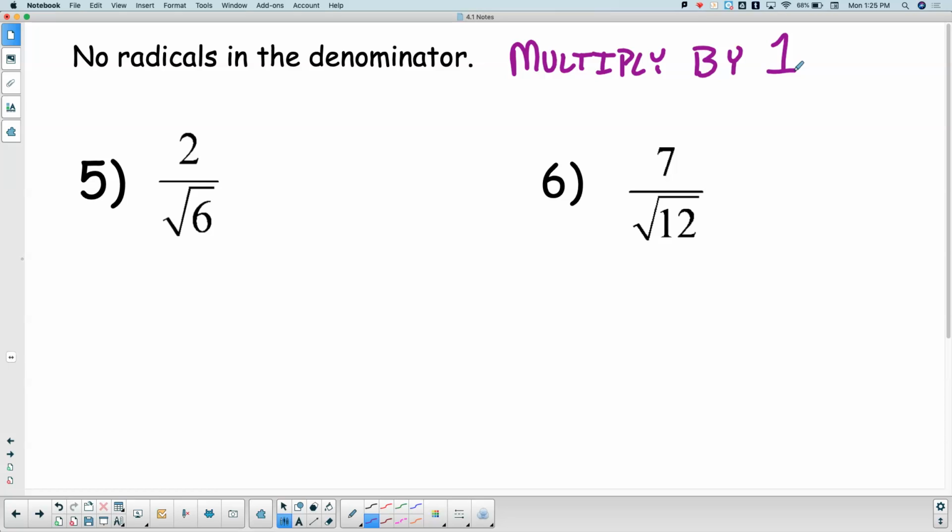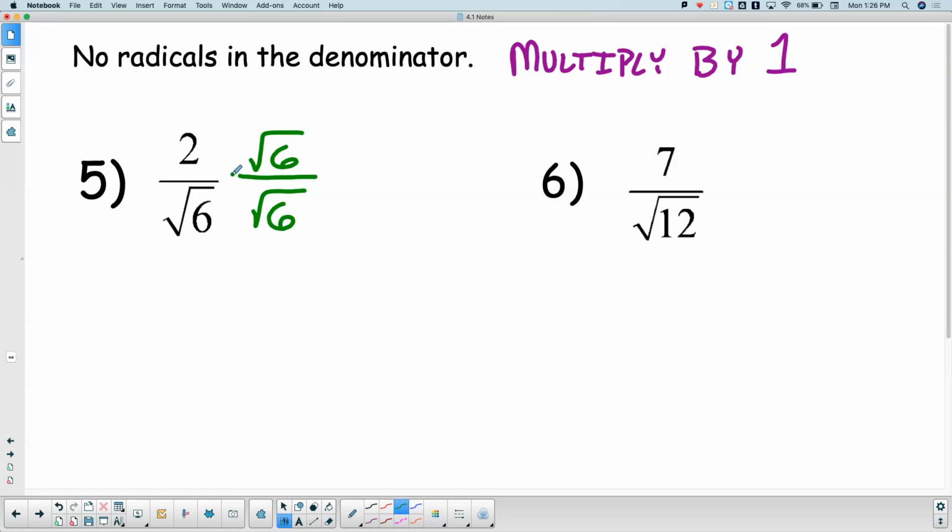But the nice thing is that 1 comes in many different forms. So for instance, in number 5 here, I would multiply by the square root of 6 over the square root of 6. Because that is a fraction that's equal to 1. Numerator is the same as the denominator. That equals 1.